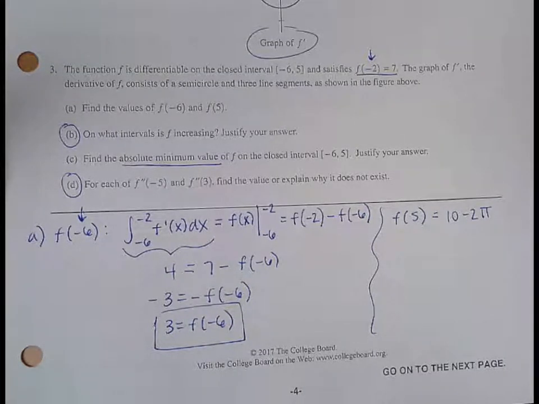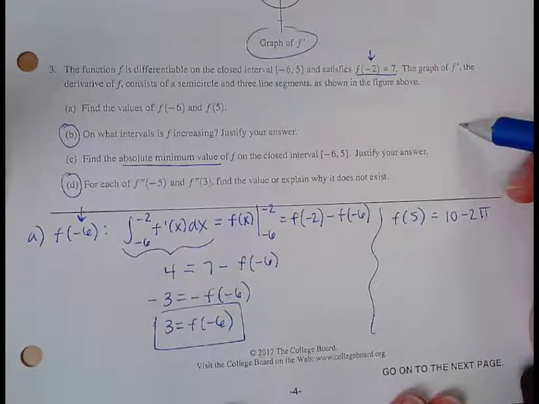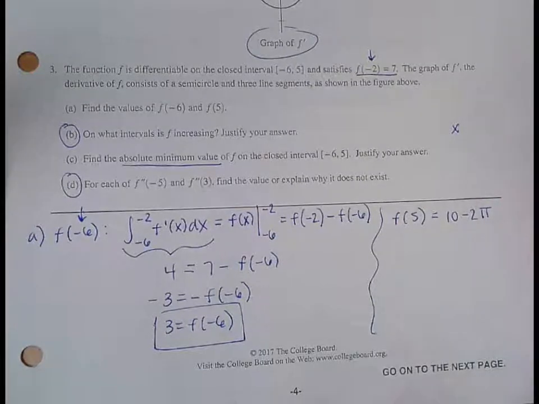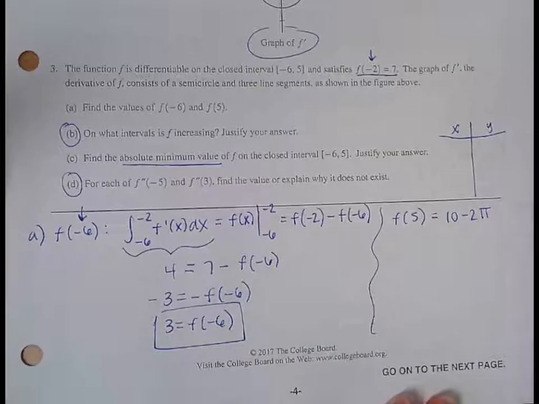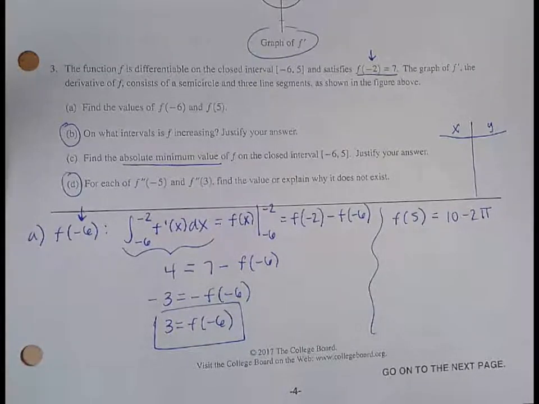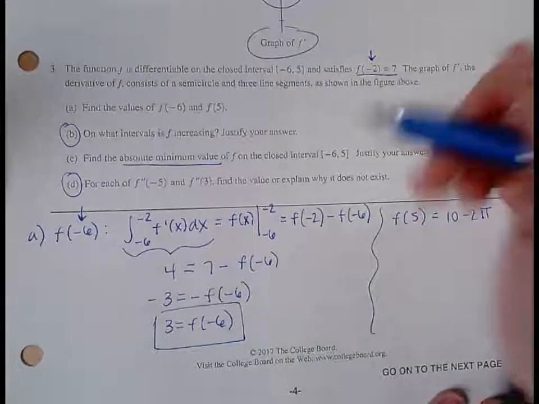Well, we don't have the graph of f, though, for C. Where could an absolute minimum occur? At an endpoint. And the critical values. Yes, we have the endpoint.